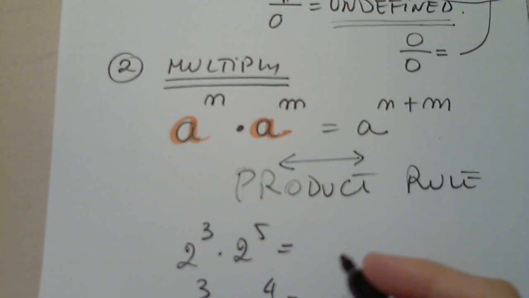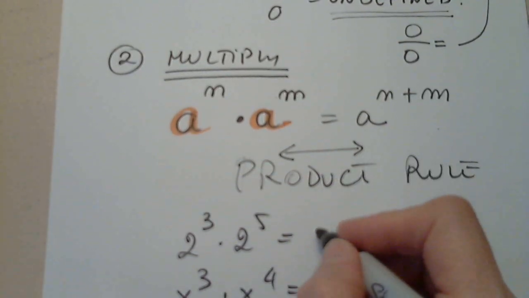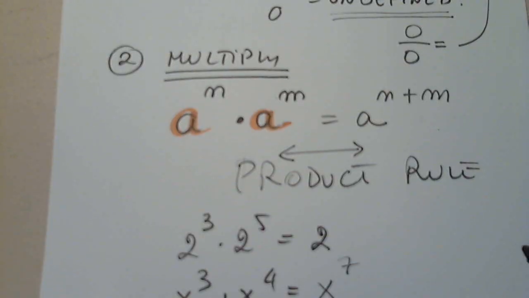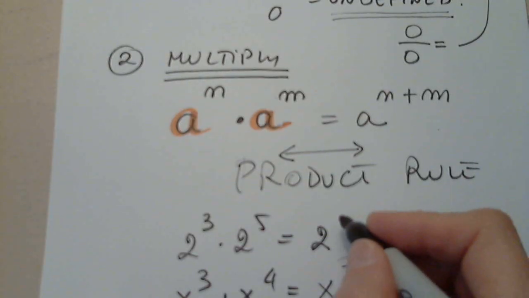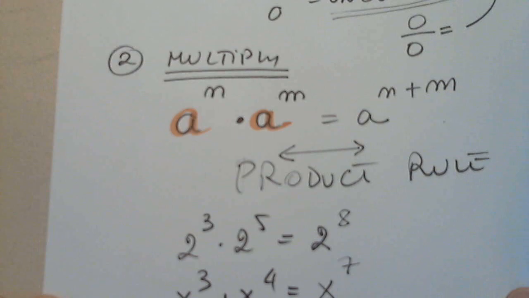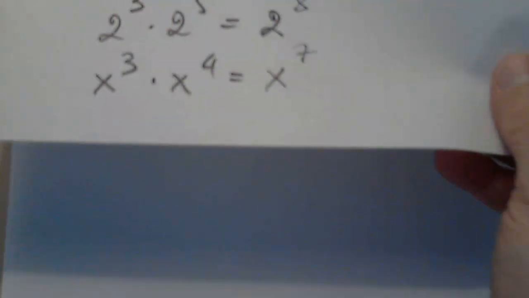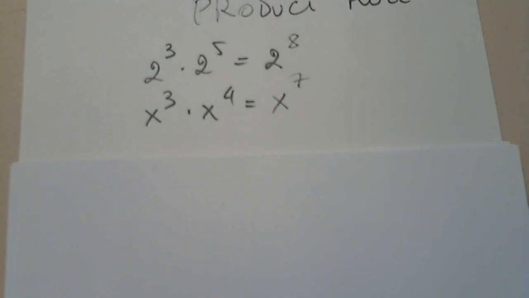X to the third power plus 4. Yes, x to the seventh. And the first one, 2 to the 8th power. Copy the base, add the exponents. So this is the product rule. Moving on.